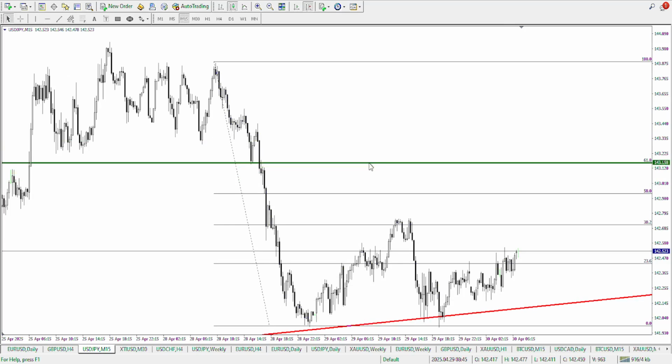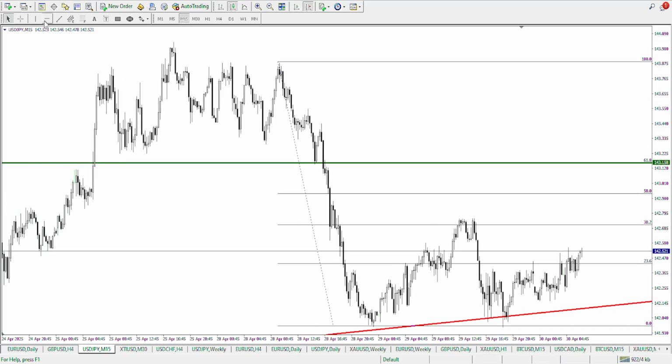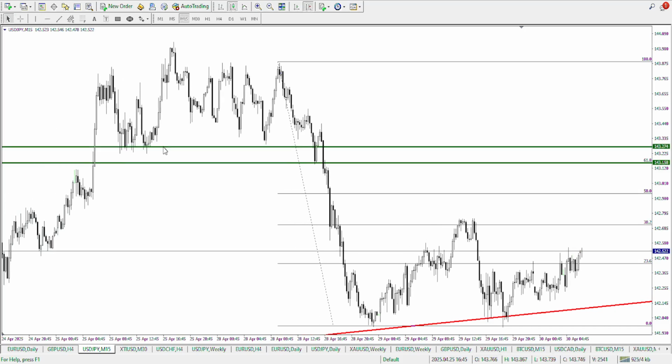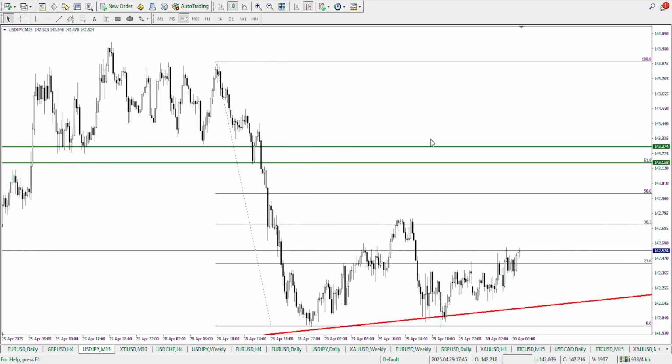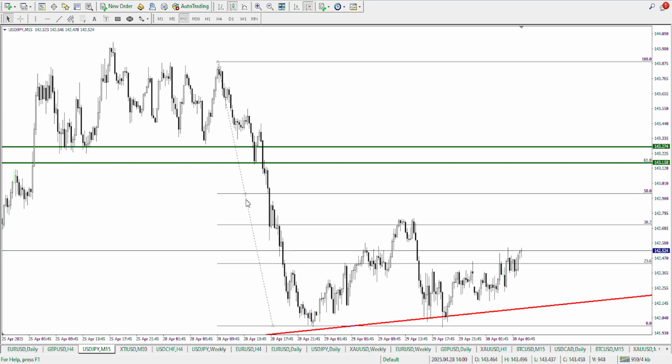Then we definitely can take some trading decision near 143 for today, and obviously this zone, 143.27 and 143.15, can be a nice sell area, a nice take profit area for the bulls who entered from right here. I hope this plan will be very easy.